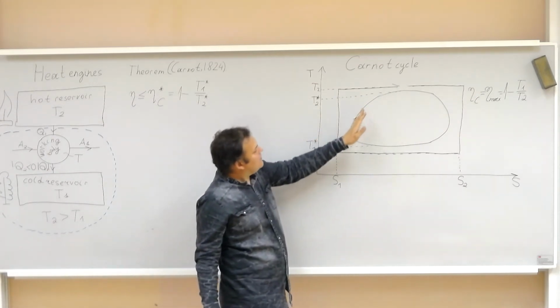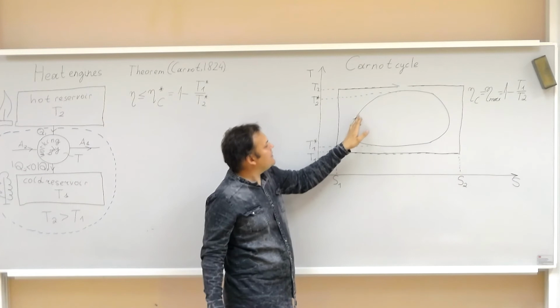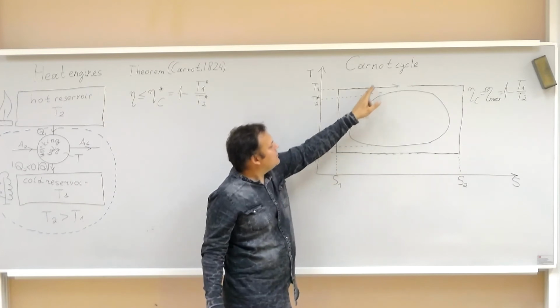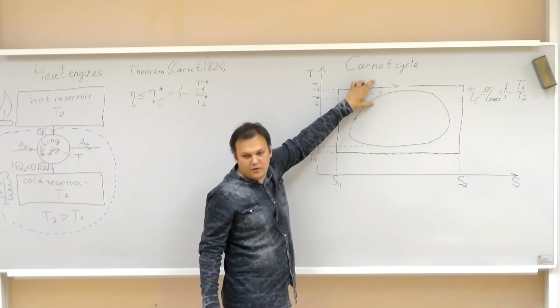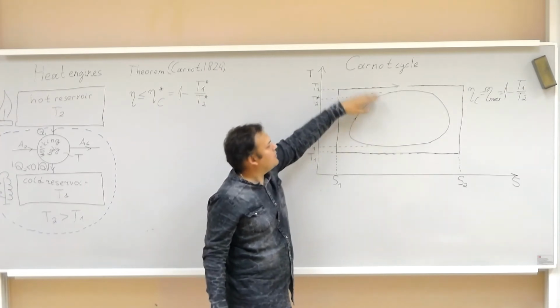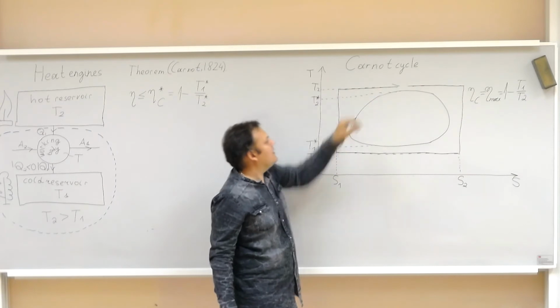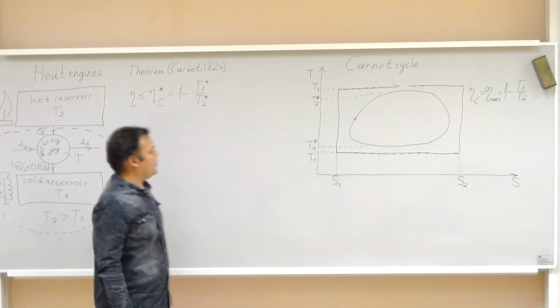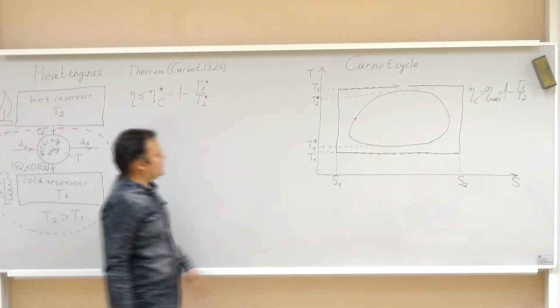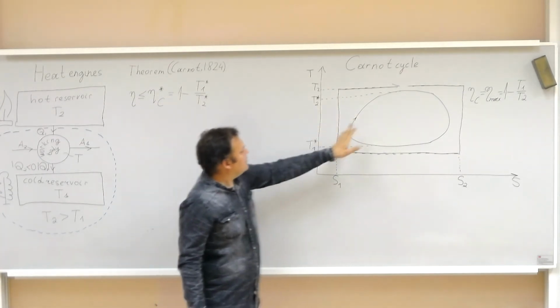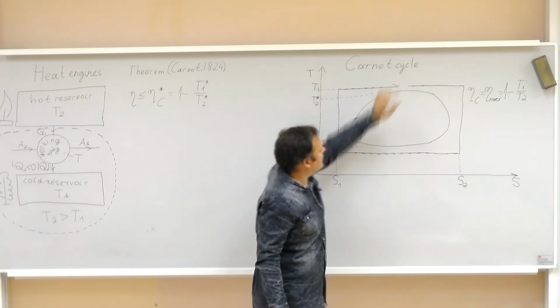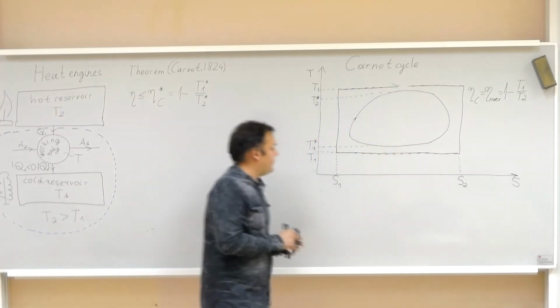Because we need an infinite time to make the temperatures of the working body and reservoir equal. So we need to wait a very long time until they are in thermodynamic equilibrium. And if we want to make a process faster, we should have a gap in temperature.